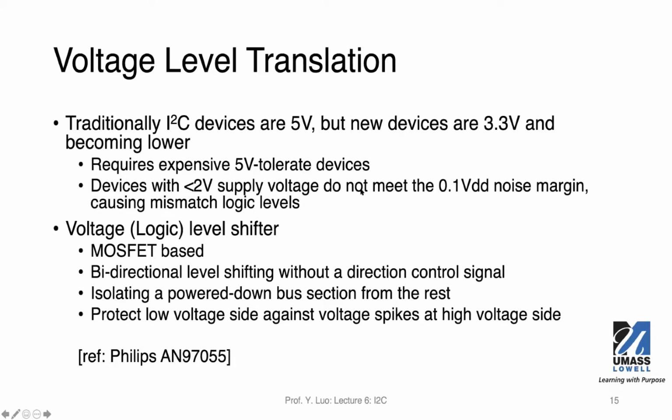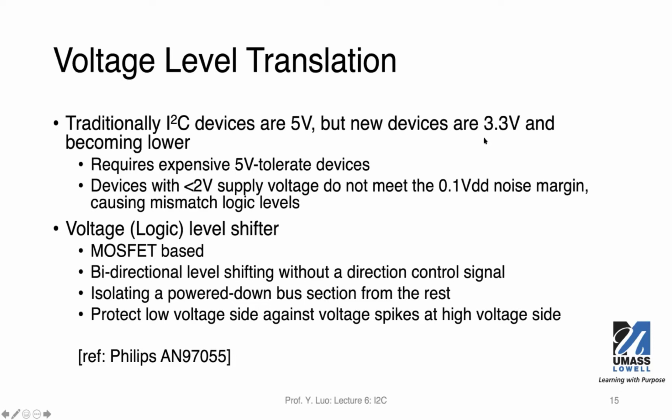If you happen to have a 3.3 volt device that can tolerate 5 volts, that does not mean that you can connect them directly, because the difference of these two voltage supplies is about 2 volts, and you will possibly have some noise margin, so there will be mismatching logic levels.